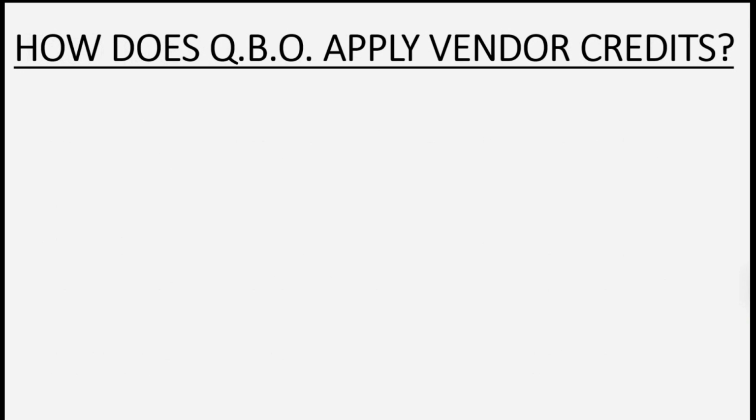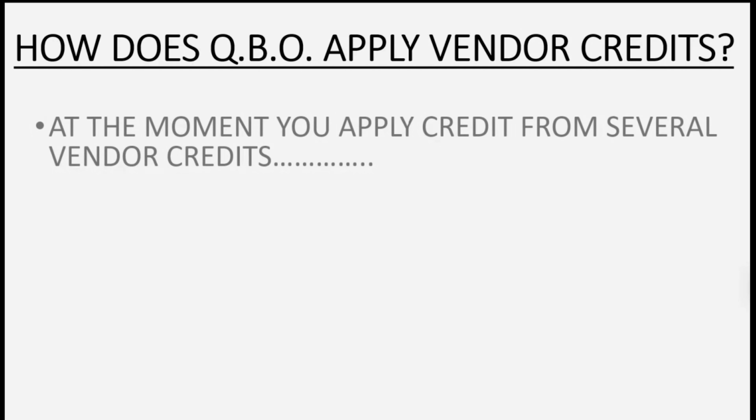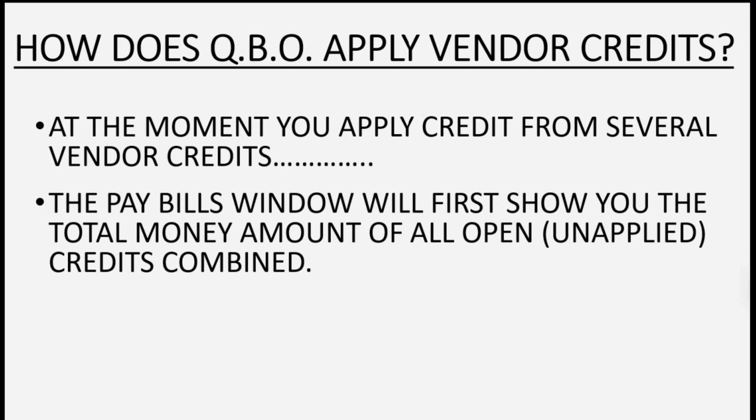And you may well ask, how does QuickBooks Online apply the vendor credits at the moment that you go to apply? The answer is, at the moment you try to apply credit from several vendor credits, the Pay Bills window will first show you the total money amount of all open unapplied credits combined. That's the first thing it's going to show you.